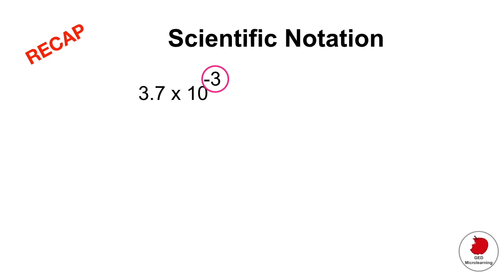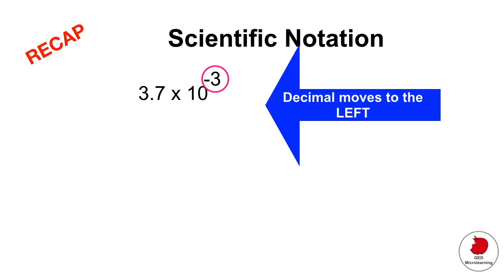The first thing, it's telling you how many spots you're going to move the decimal point. In this case, you would move the decimal point three spots. And the second thing is in which direction you're moving the decimal point, to the left or to the right. In this case, because it's negative, you move the decimal point to the left.